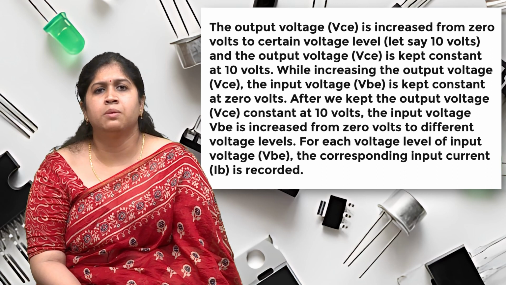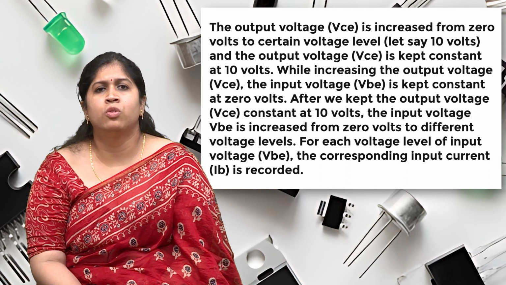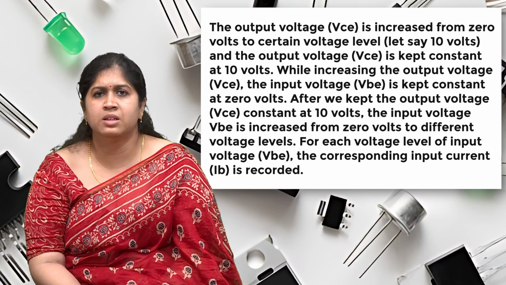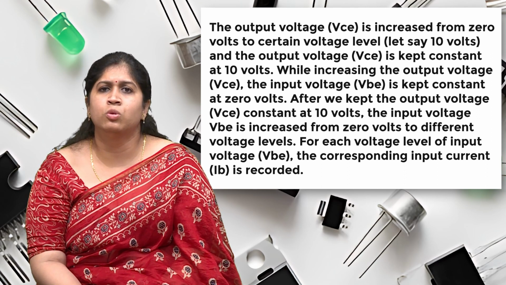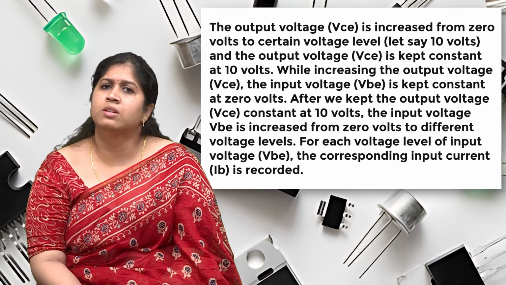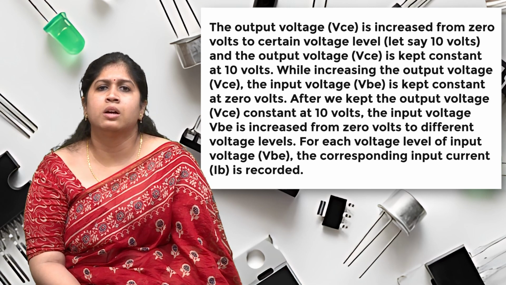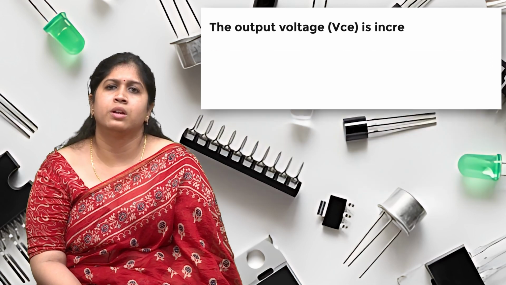After we keep the output voltage VCE constant at 10 volts, the input voltage VBE is increased from 0 volt to different voltage levels. For each voltage level of input voltage VBE, the corresponding input current IB is recorded.